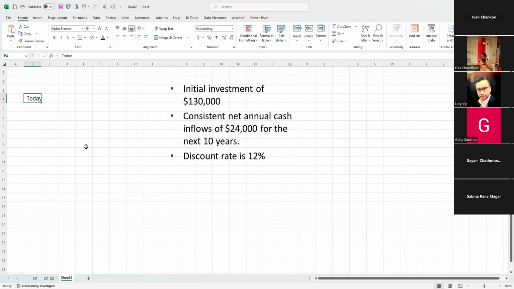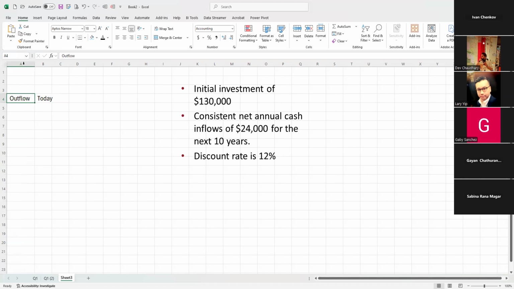Usually that is today, and usually that's the outflow. That you see your cash outflow. Once we have the cash outflow, now we're going to start chasing what's the inflow.